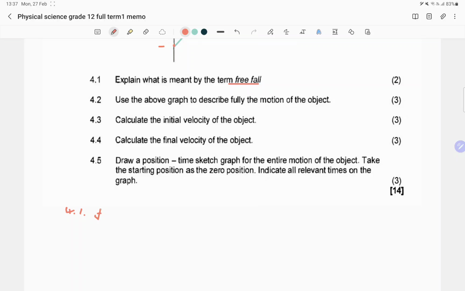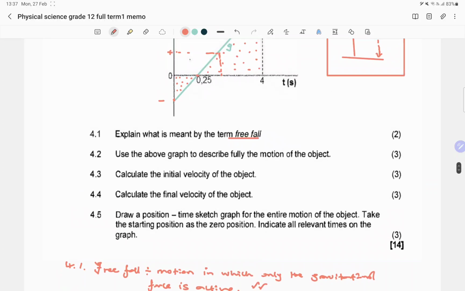A free fall is defined as motion in which only the gravitational force is acting. So it's a motion in which only the gravitational force is acting. Easy 2 marks, nothing major.